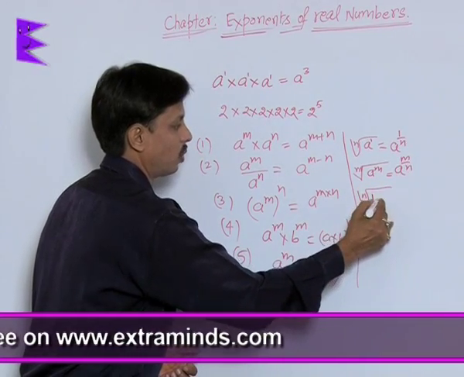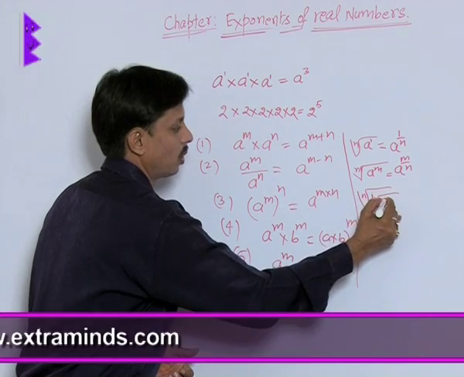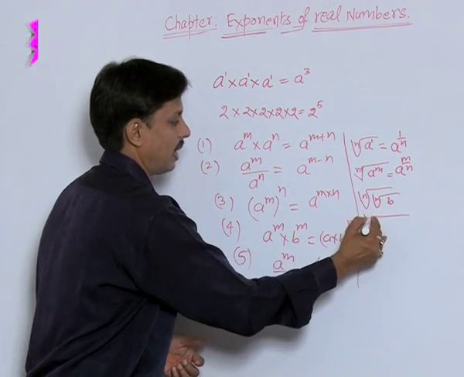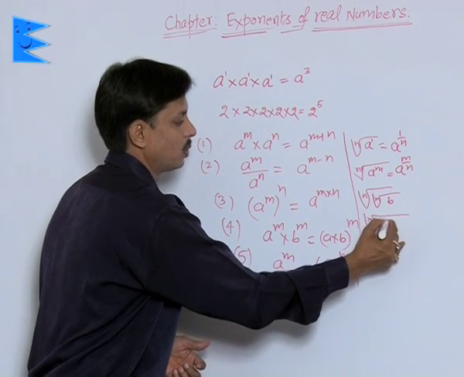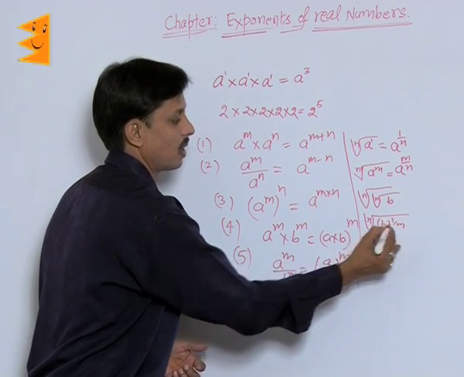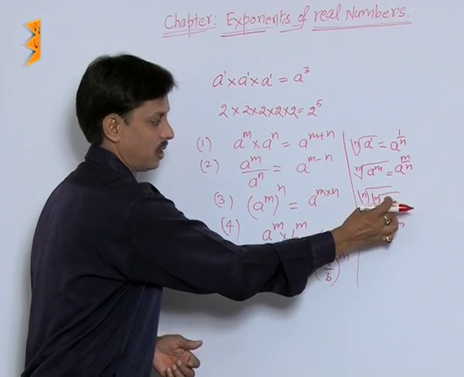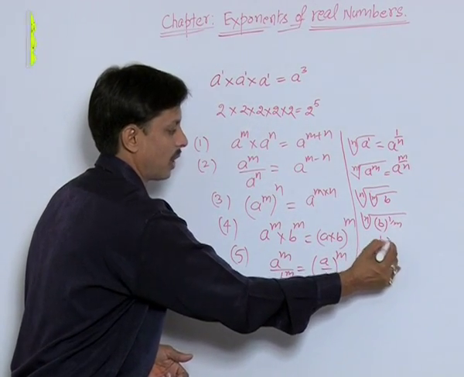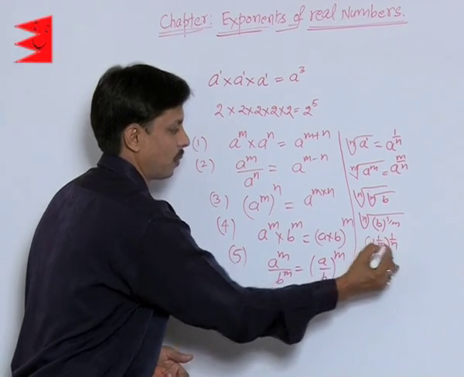In case the question is like first the nth root, then the mth root of b, we can say it is the nth root of b raised to the power 1 upon m. That is why I first operated on this one. Then I can say b raised to the power 1 upon m, that raised to the power 1 upon n.